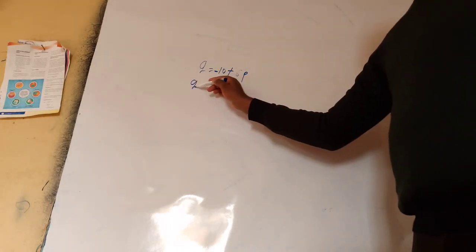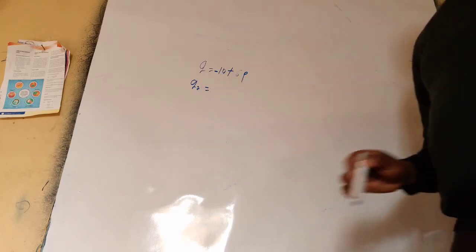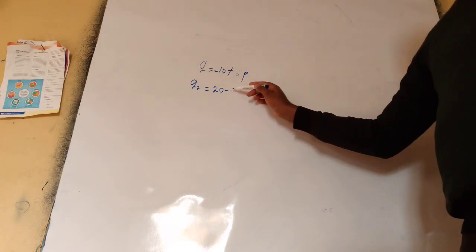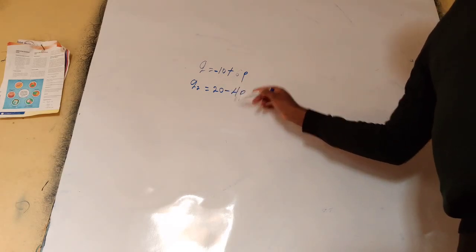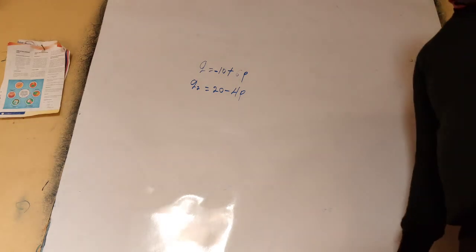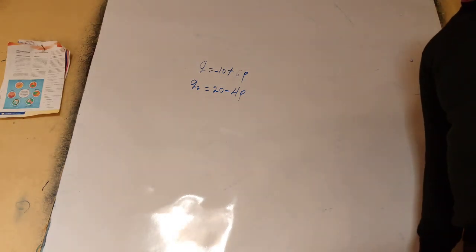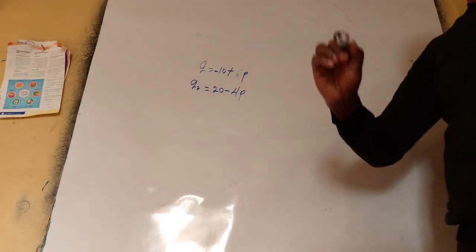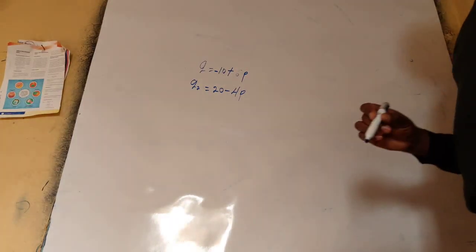Equation 2: Q is equal to 20 minus 4p. Giving reason, identify the demand function and the supply function.